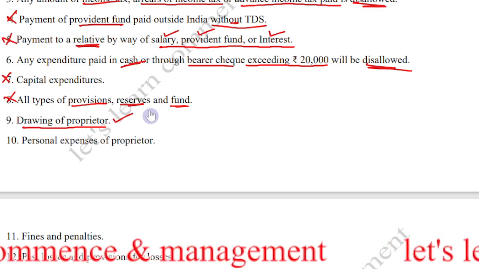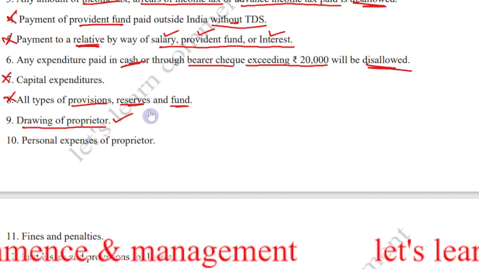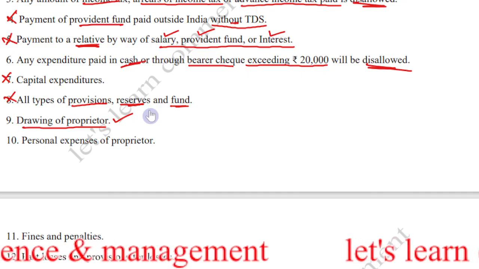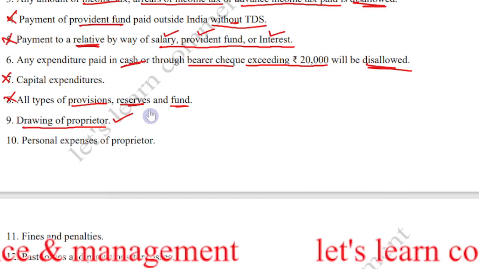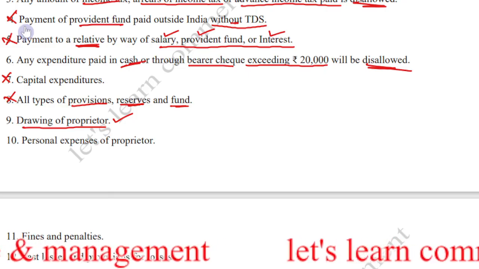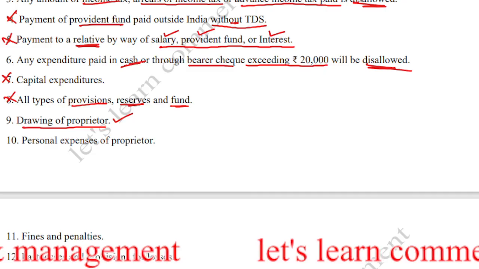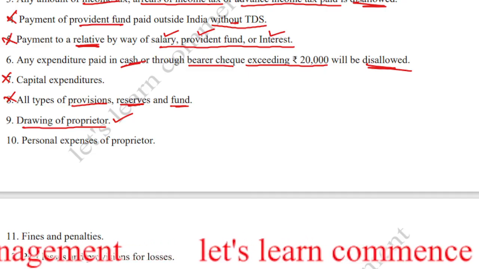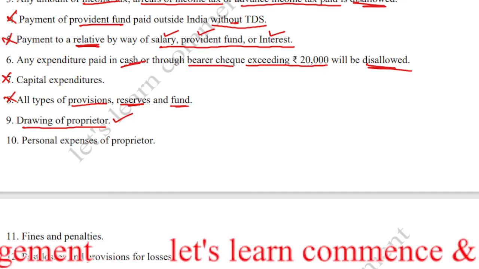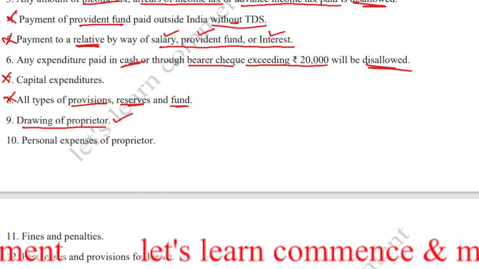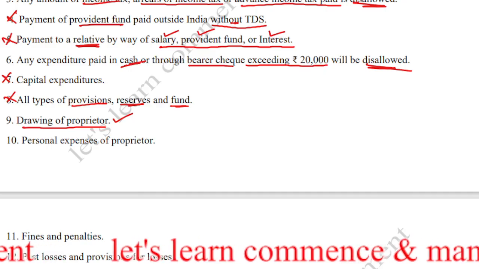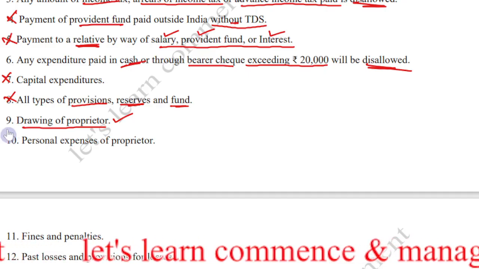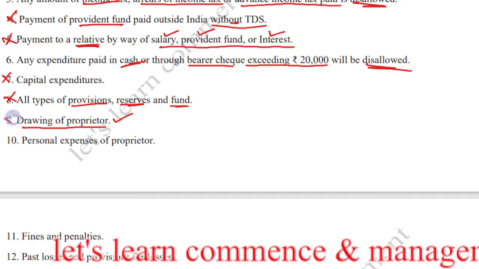If he is drawing any amount of salary, then it is not an admissible expense. So whatever the profit is made by the company, it is also an income for the proprietor. Along with that, if the proprietor is drawing any salary, then it is not an admissible expense. So no deduction will be allowed for this.